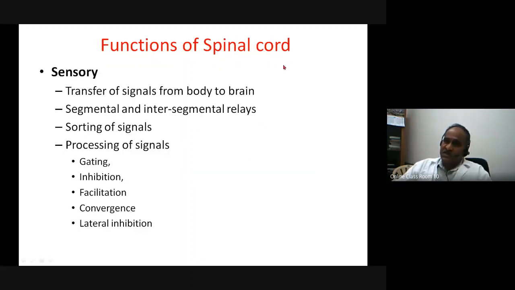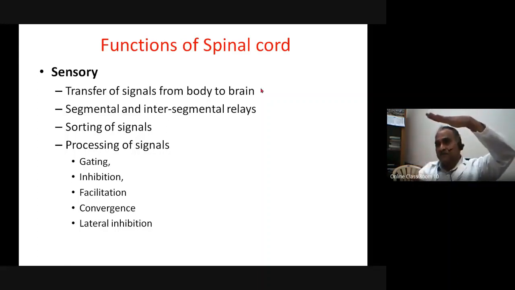The sensory functions of the spinal cord include all of these. One, they transmit signals from the body, that is soma, to the brain. That means from the periphery to the various parts of the brain. Then they transmit signals to the neighboring areas, the segmental, suprasegmental or infrasegmental.